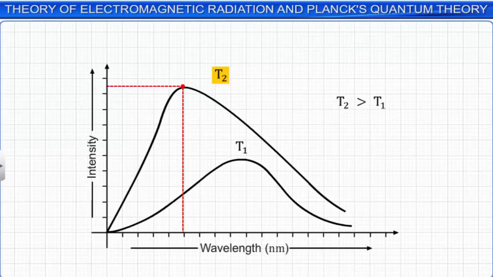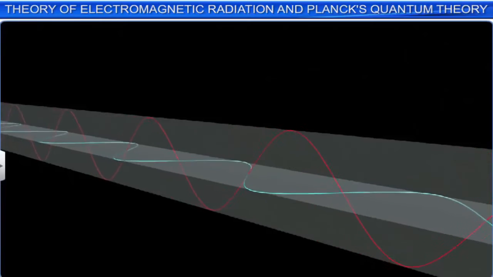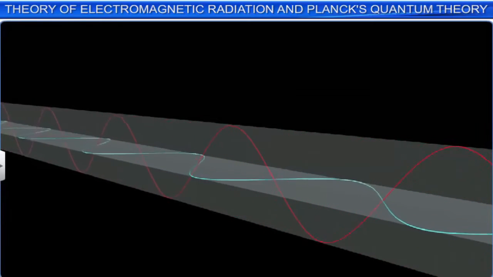We see that the position of this maximum intensity shifts towards higher wavelength with decrease in temperature. These observations could not be explained by the electromagnetic wave theory of light.